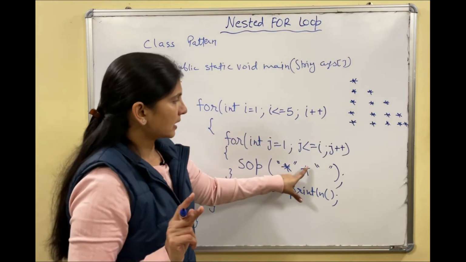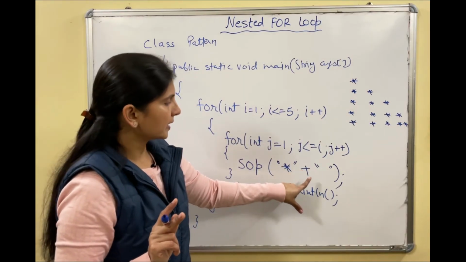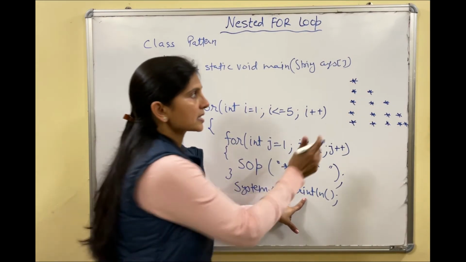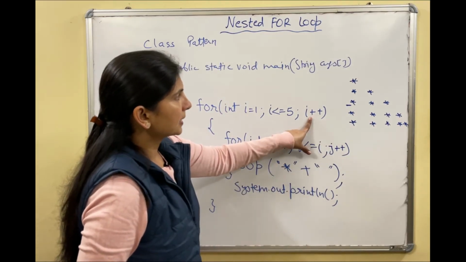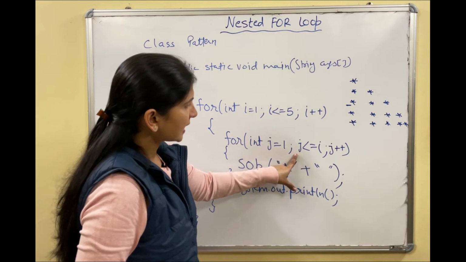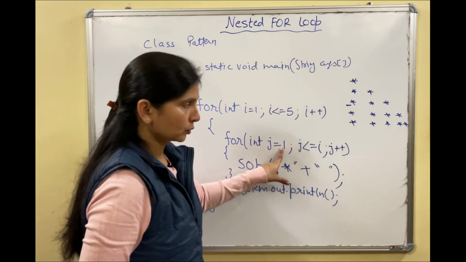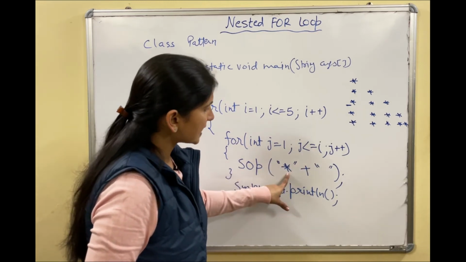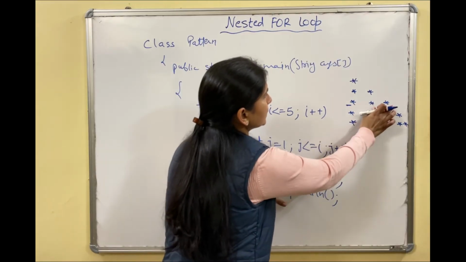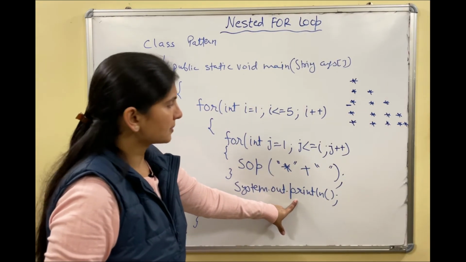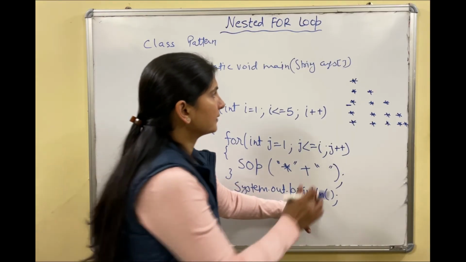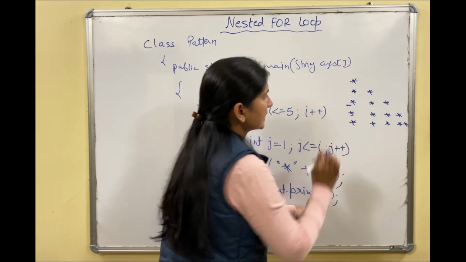Fine. After completing this inner loop, when the execution comes out, again the cursor will come to the next line. Then I will become 3. 3 times will this inner loop go, 1 to 3. So 3 asterisks will be displayed, 1 2 3, right? After completing this, when the loop execution comes out, System.out.println will bring the cursor to the next line.